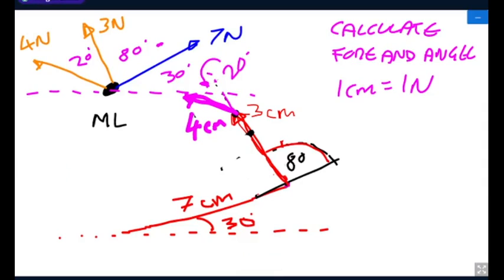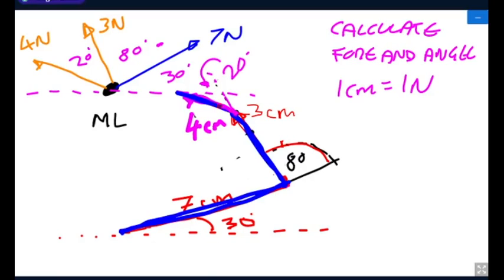We've got this line coming up, 7 and 30, and then we've got 3 coming up, 80 degrees, right? That looks a bit more like 90, doesn't it? But it's 80. And then 20 degrees would be in there.